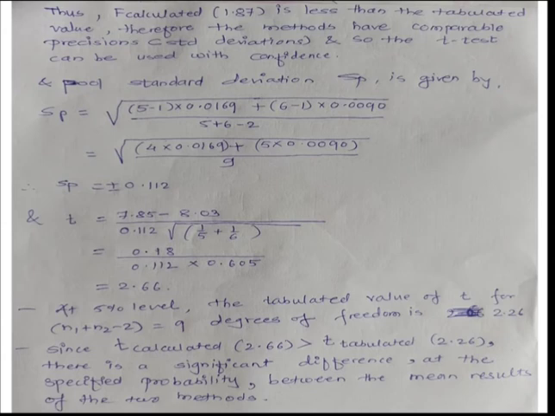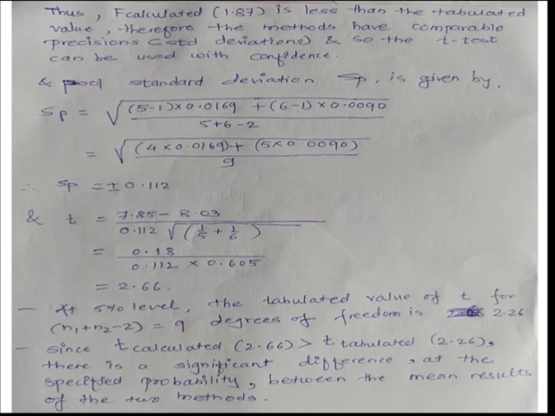After calculating all these terms on our calculator, we will get the value of pooled standard deviation as 0.112, and the unit of any standard deviation is percentage, and the sign is written in terms of plus and minus.